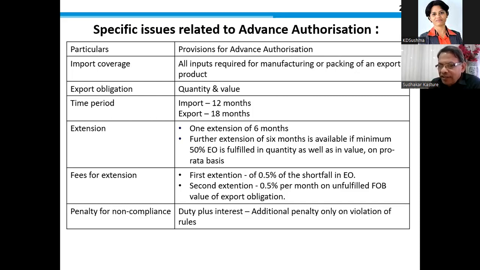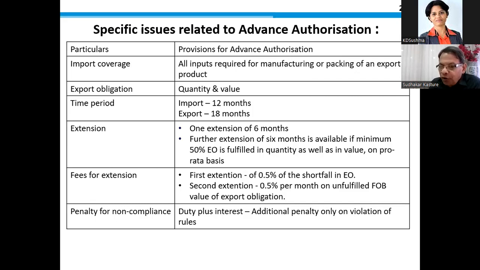Once you get an authorization, import period is 12 months, export period is 18 months. If you cannot complete export in 18 months, there are provisions for extension, and you are supposed to pay a fee for extension. Yesterday we have seen these are drastically reduced for MSME sector.